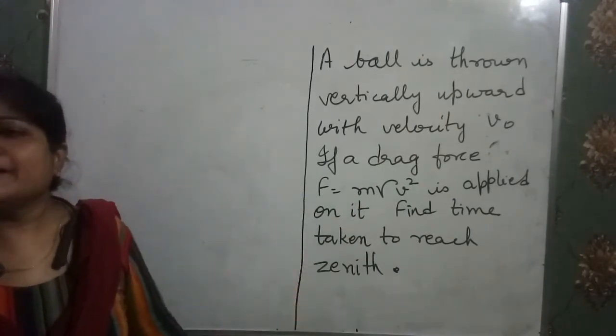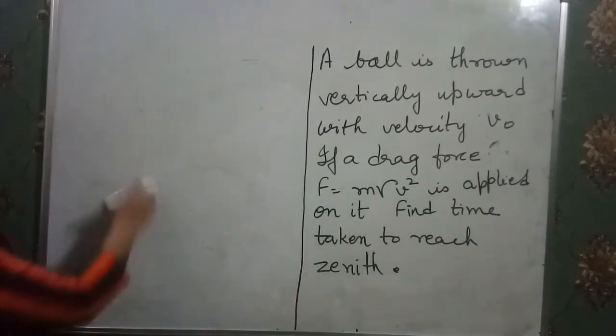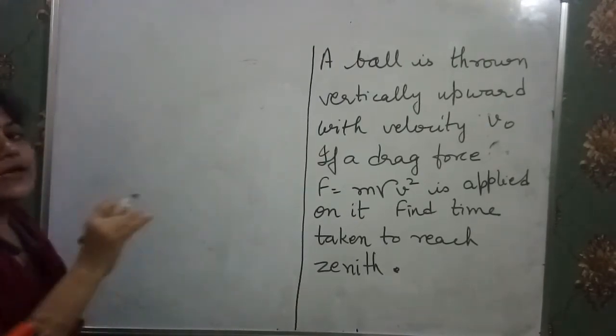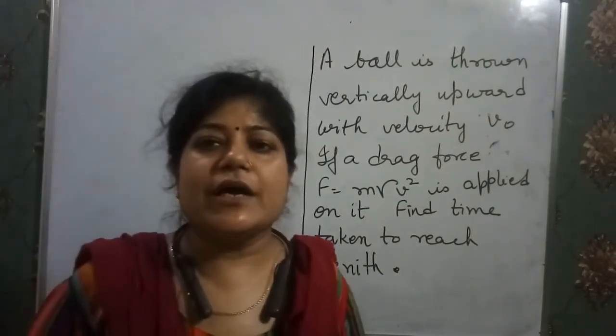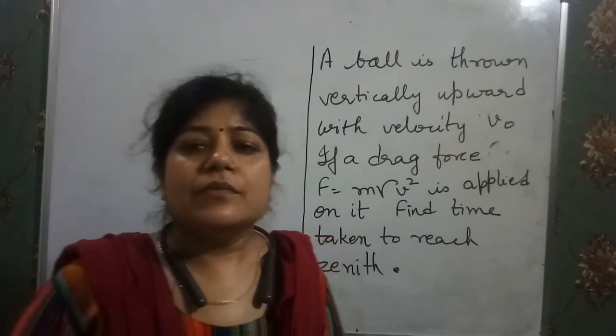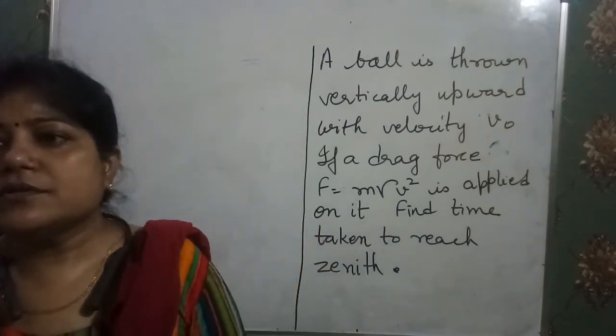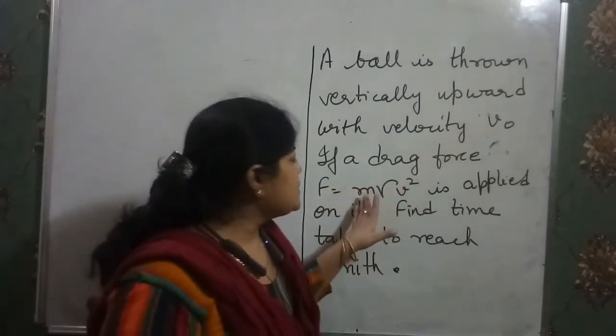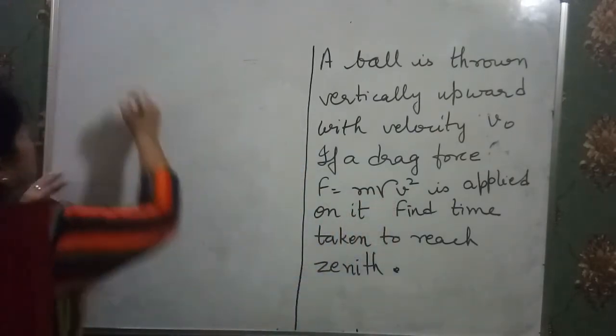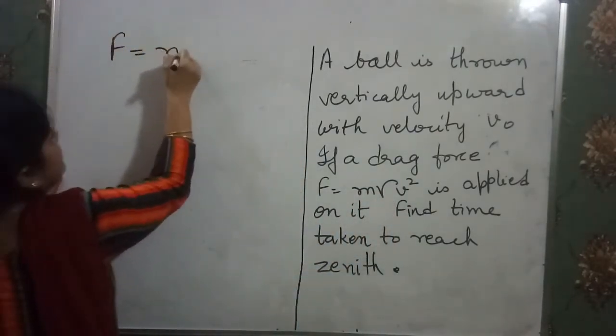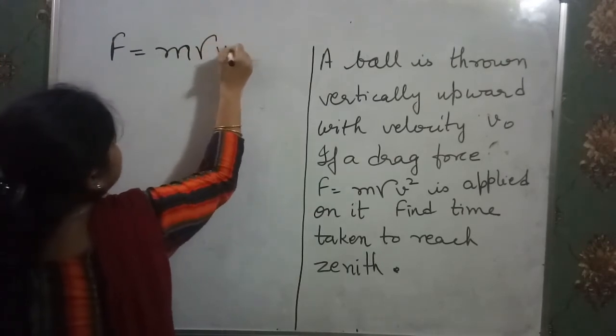So in this question we have to find how much time the ball takes to reach the highest point. Whenever we throw a ball in the air, when it reaches its highest point, its velocity becomes 0. Now a drag force is applied on the ball, so we have the force m gamma v square.